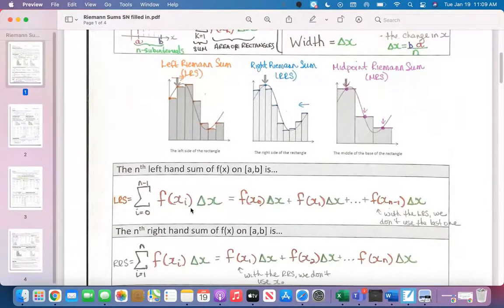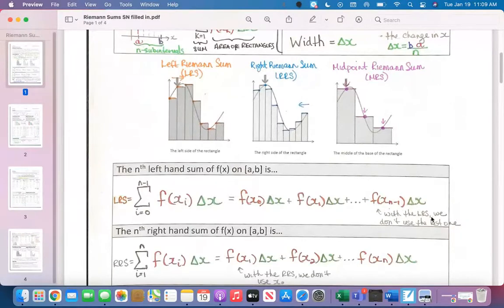So if I write this out in long form, that means that my first rectangle is going to be height times width, so f at x naught times delta x. My second rectangle is going to be f at x1 delta x. And I'm going to keep doing that all the way up to my second last endpoint, because it's on the left, f at x n minus 1 delta x.